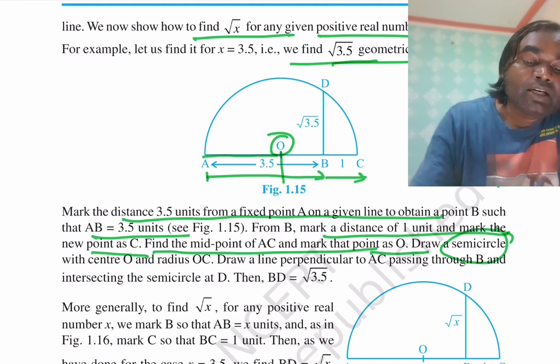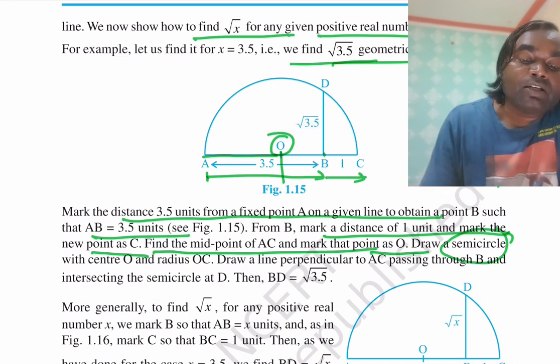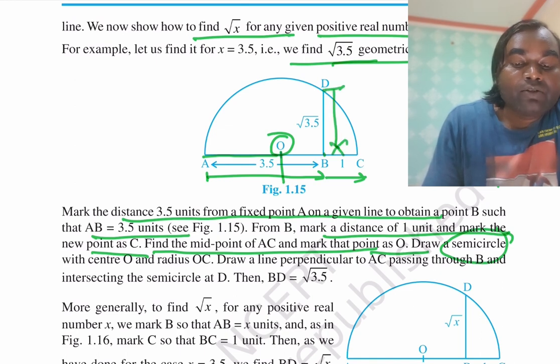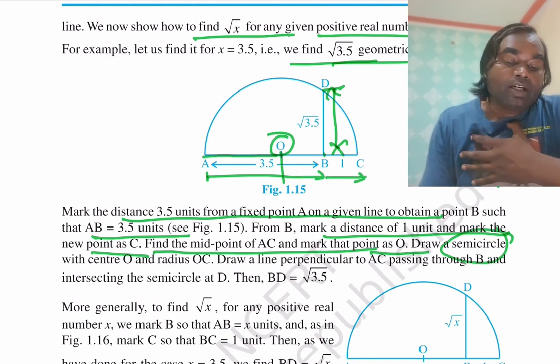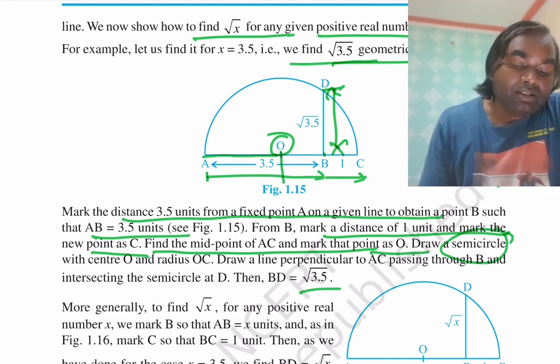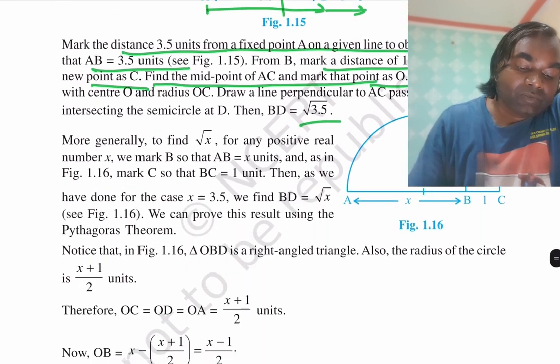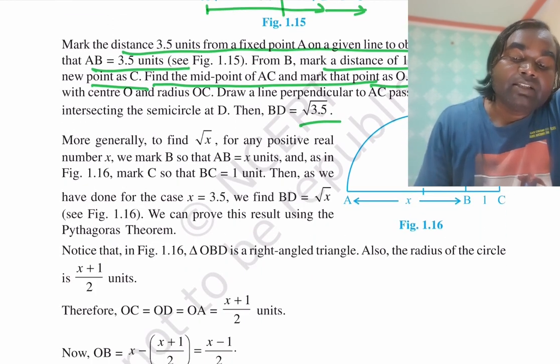After that we draw a perpendicular from the point B to the semicircle, and that value will give the square root of the asked value, that means here 3.5. Similarly, you can find the square root of any real number by adopting this procedure, right?